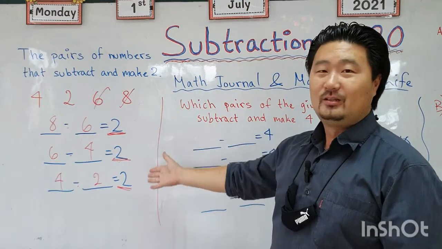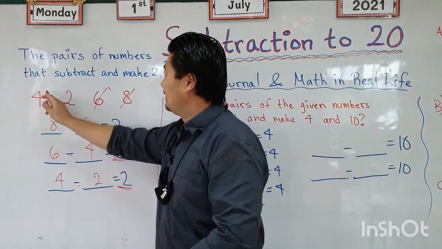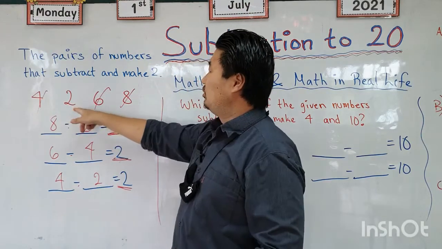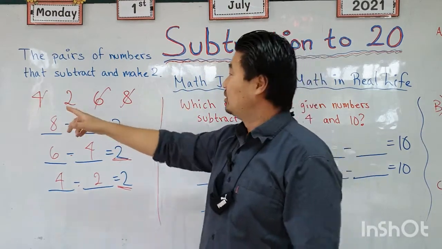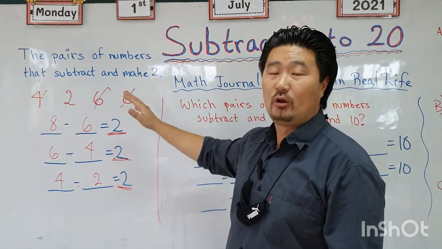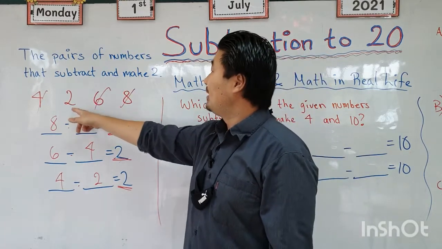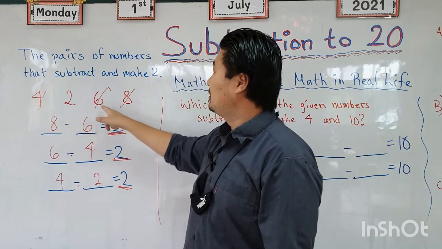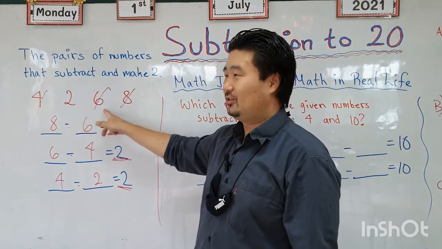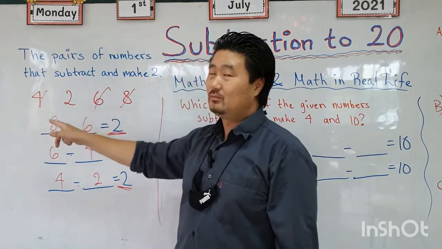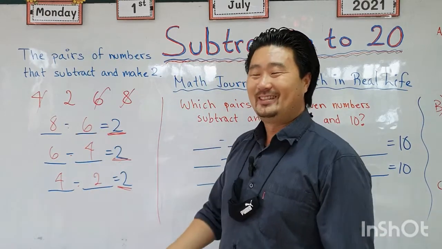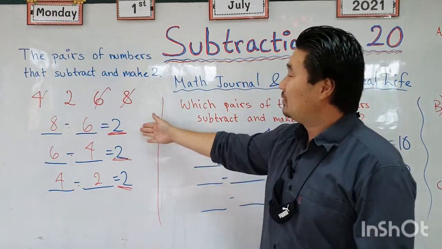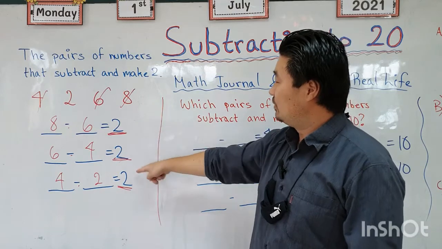Okay. And then 2 you do not need to try because 2 is the smallest number. So 2 minus 8 does not work, cannot. 2 minus 6, nope, cannot. 2 minus 4, cannot. So these three number sentences equal 2.